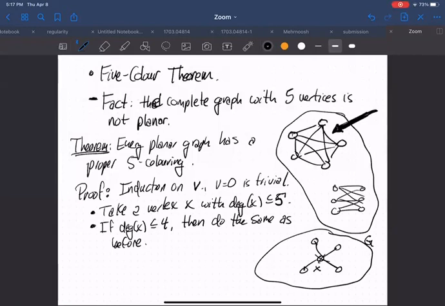Now comes the clever part. If the degree of x is equal to 5, that's the only case that remains. So we didn't get this nice lucky picture here. We got x, and x had 5 neighbors.